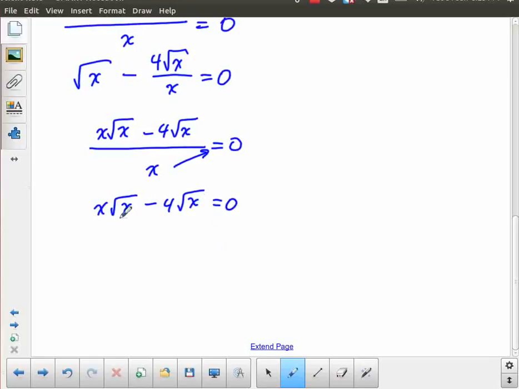I have a common factor here of root x, so I'm now just going to factor that out. I end up with square root of x times (x minus 4) equal to 0.